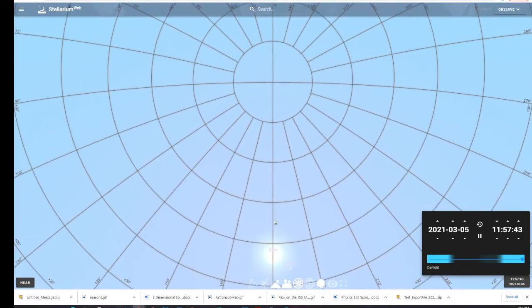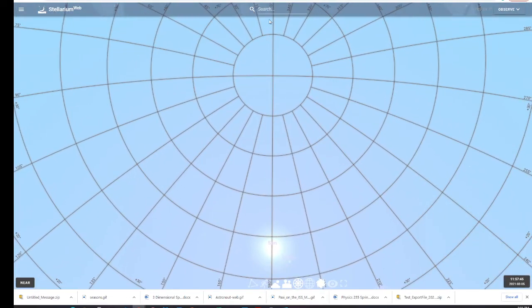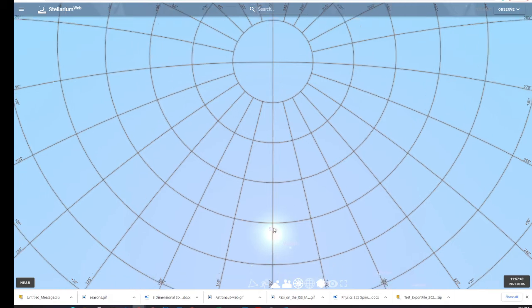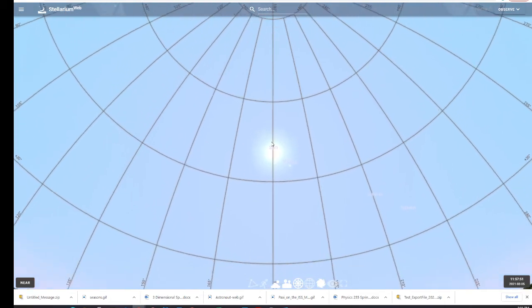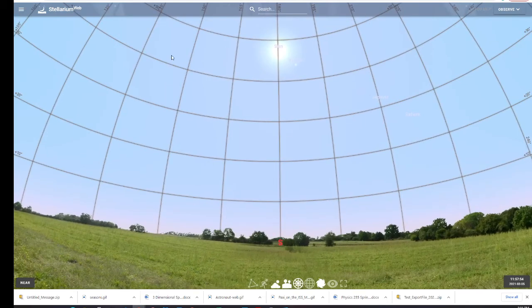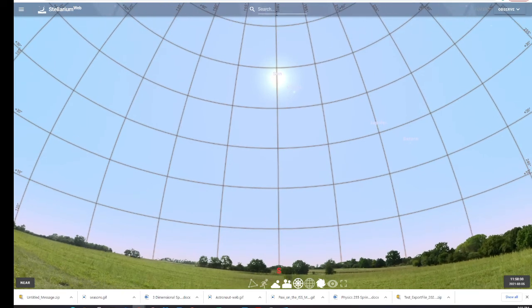That will coincide with when the sun crosses this north-south azimuth line, when the sun is traveling across the southern part of the sky, right? So you're going to want to look for this 180-degree azimuth line.